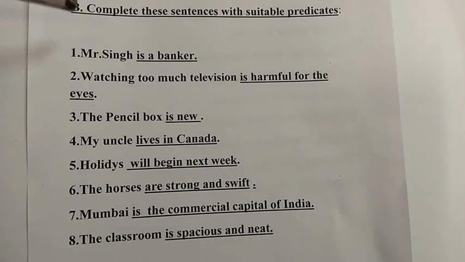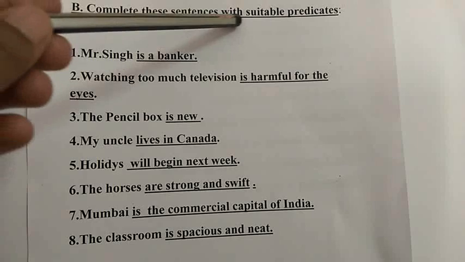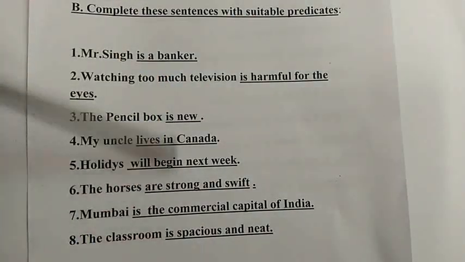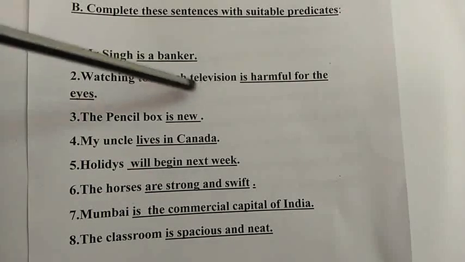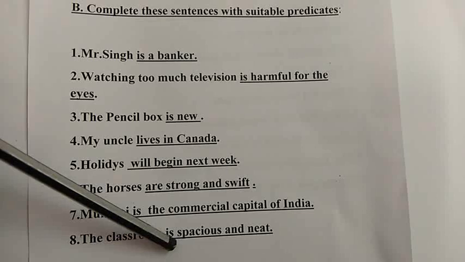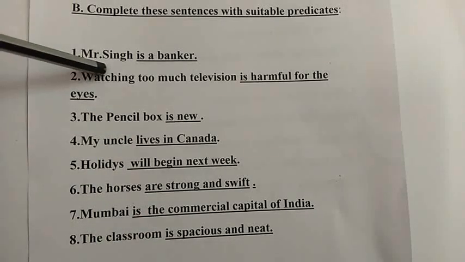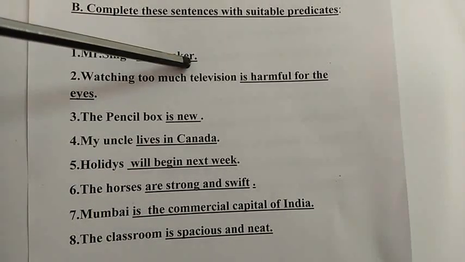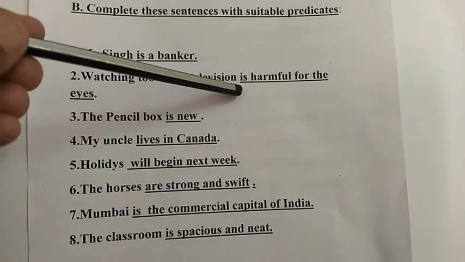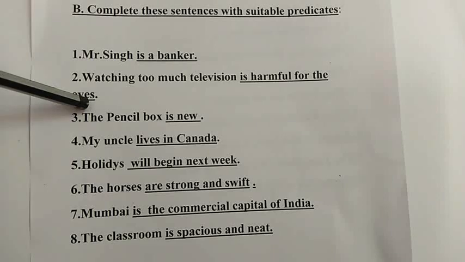Now we'll move on to the next exercise, that is complete these sentences with suitable predicates. I have given you the answers here itself. I will be reading and you can look in your book, and after that you can write down in the book itself. First one, Mr. Singh is a banker. Answer is here. Second, watching too much television is harmful for the eyes.